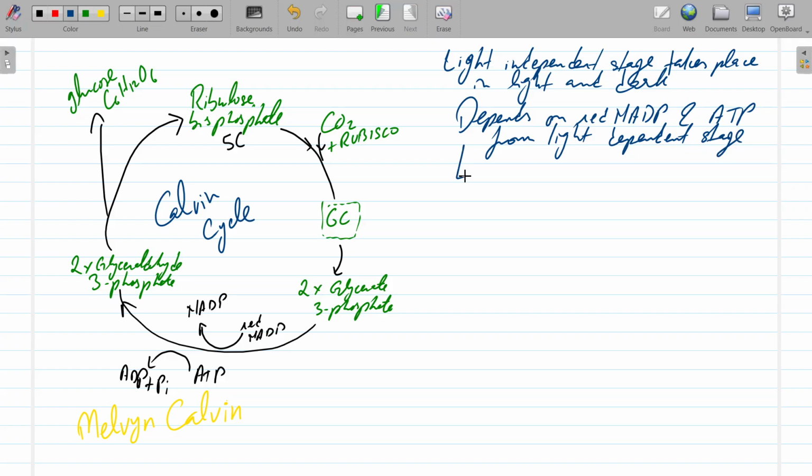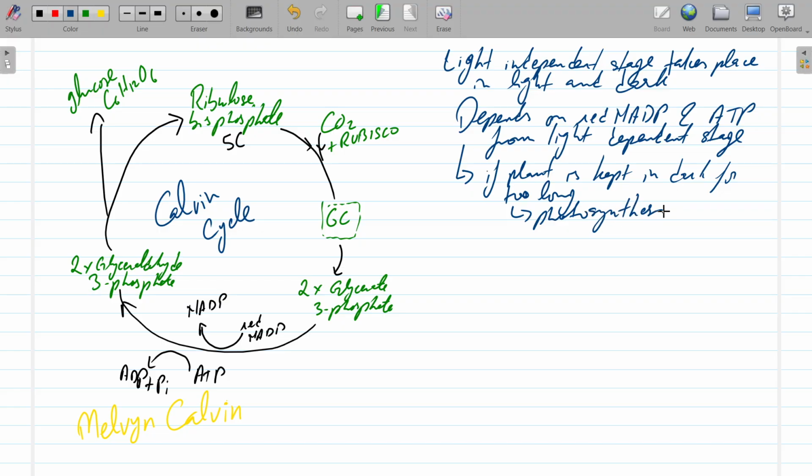So what will happen if the plant is kept in the dark for too long? Photosynthesis will stop. And why will it stop? Because no more glucose will be produced. Why? Because the light independent stage will stop. Well, that doesn't make sense. It doesn't need light. Why will it stop?